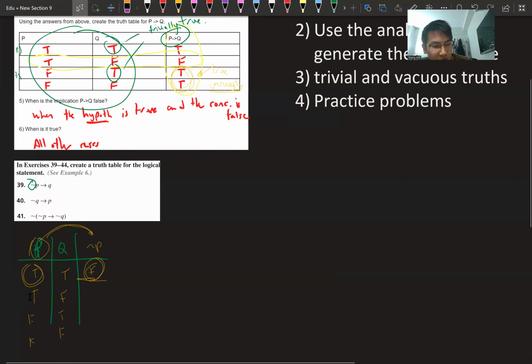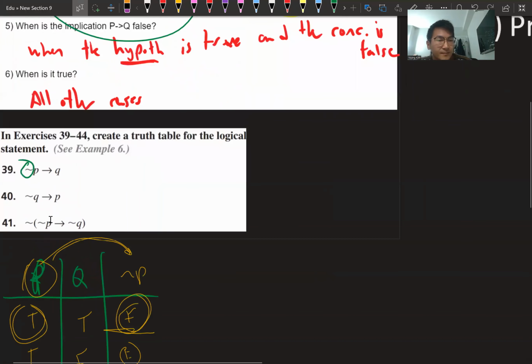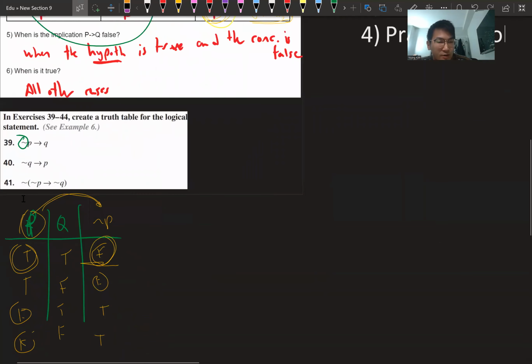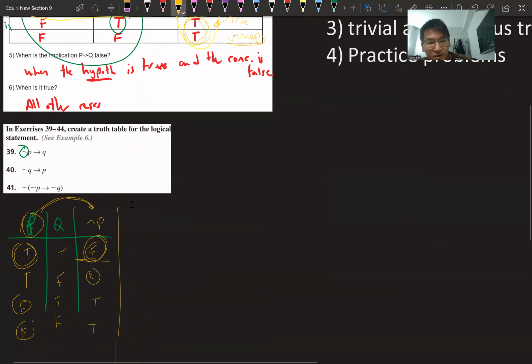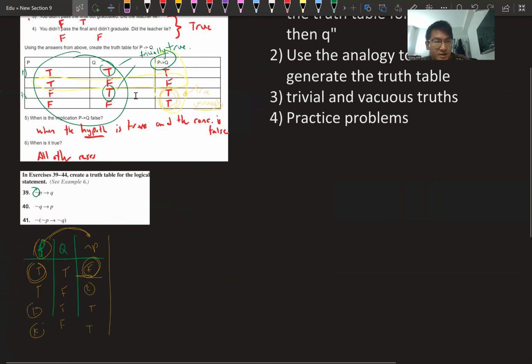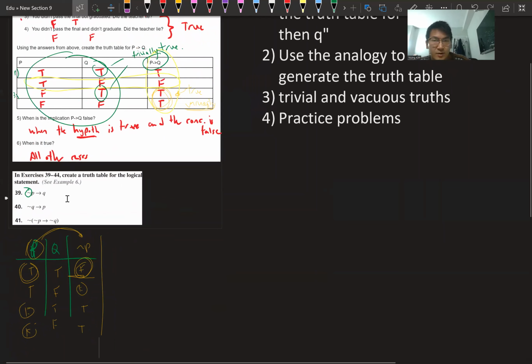You'd do something similar for Q. To do 41, you're going to have to create more of the other columns and then apply this to do these problems.